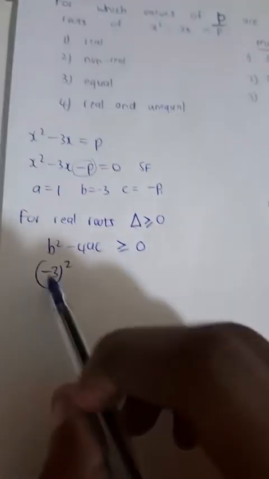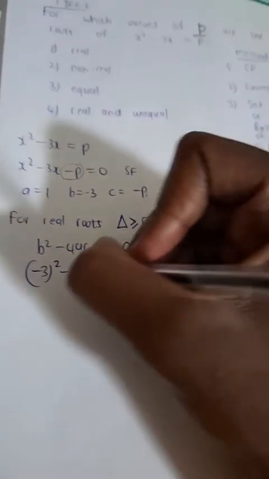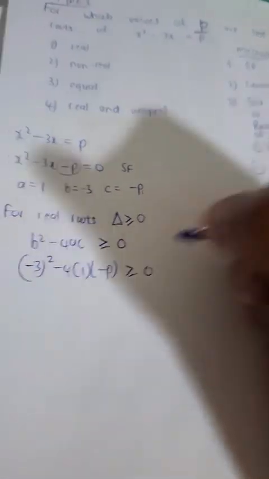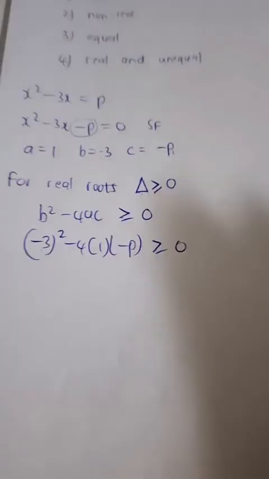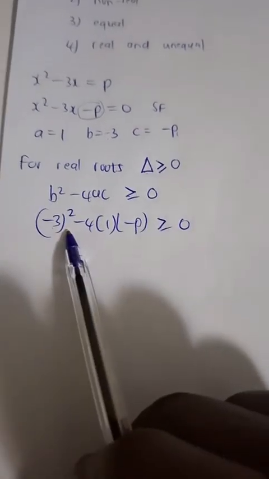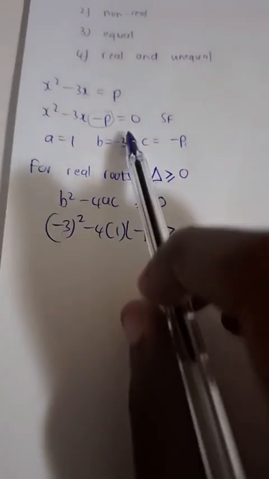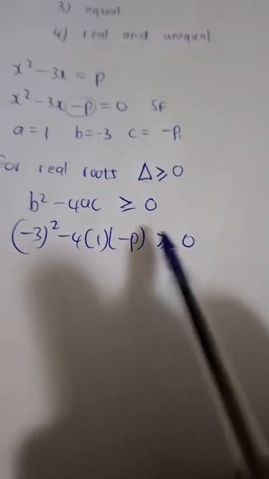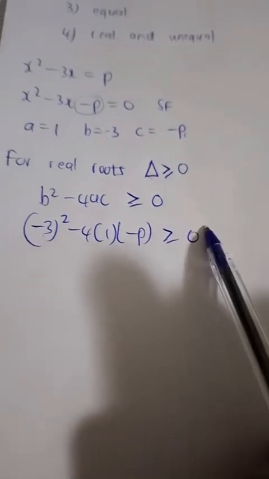Negative 3 squared minus 4 times a, which is 1, times c, which is negative p, greater than or equal to 0. This is grade 11. So b, negative 3, substitute with brackets. Minus 4, a is positive 1, c is negative p, greater than or equal to 0.